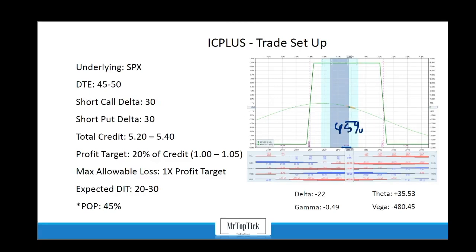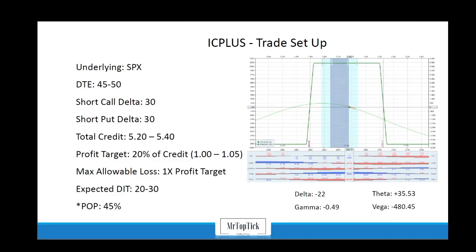Right, there's a 45% chance that SPX is going to finish somewhere between our short strikes. However, we're not looking to hold this trade until expiration. Right, we're taking in a credit of 520. We're looking to get out with about $1. So our chance of making money in this trade is higher than 45%.